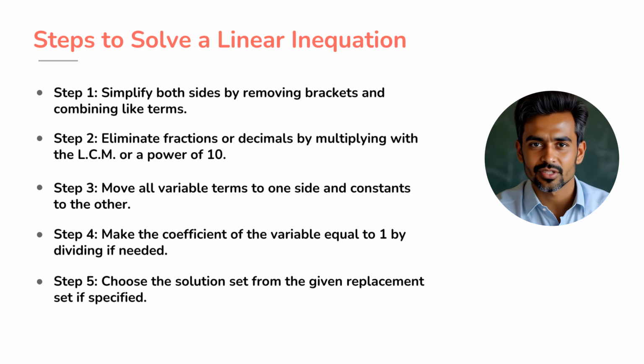Move all terms with the variable to one side and constants to the other. Step 4. Make the coefficient of the variable equal to 1. If you divide by a negative number, don't forget to reverse the inequality sign. Step 5. If there's a replacement set, that's a set of possible values, choose the final solution set accordingly.